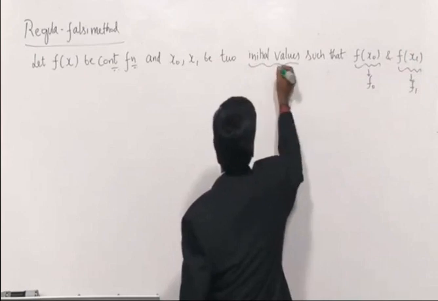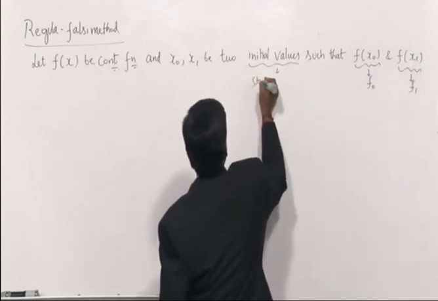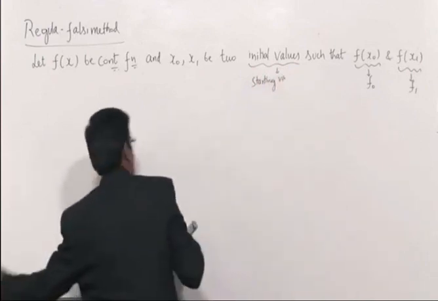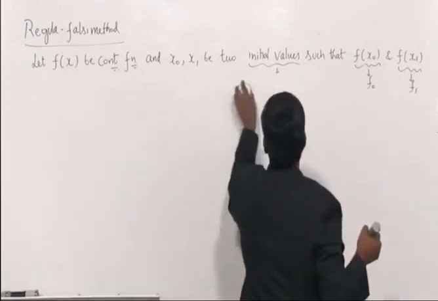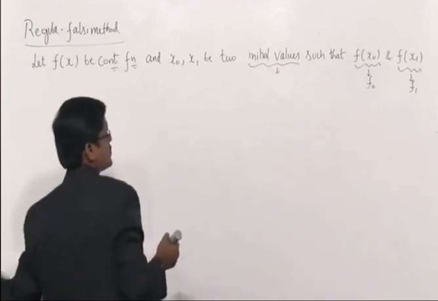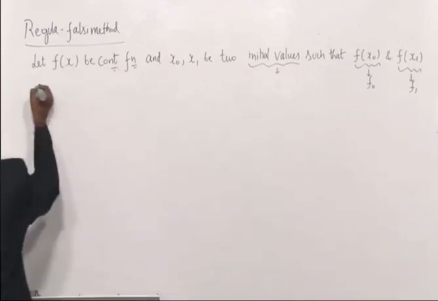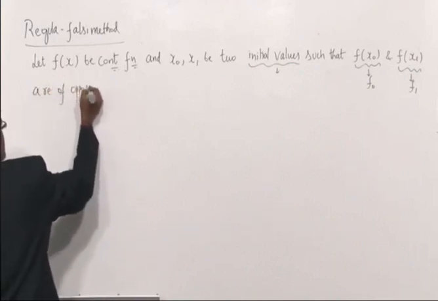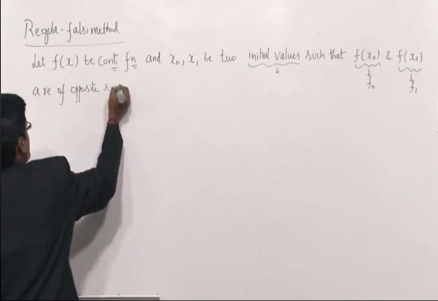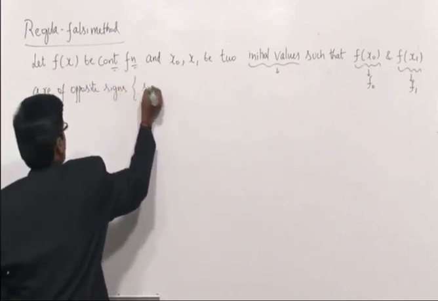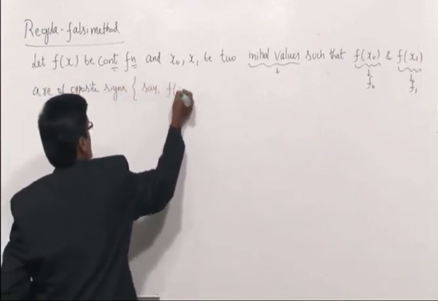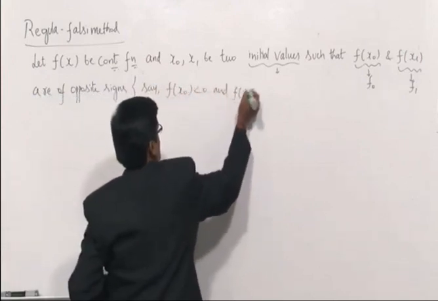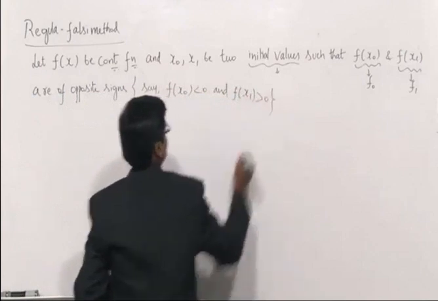Initial values means starting values. Are of opposite signs. Say f(x0) less than 0 and f(x1) greater than 0.